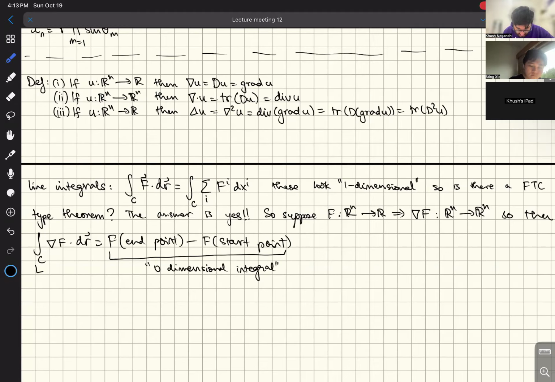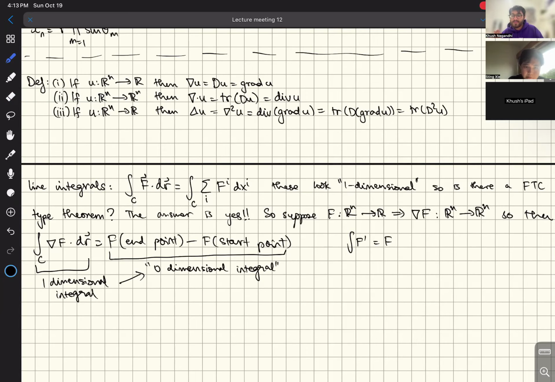So this is a one-dimensional integral, and we went down a dimension. Does what I'm saying make sense? If you remember, even from single variable calculus, the integral of f prime was nothing but f.